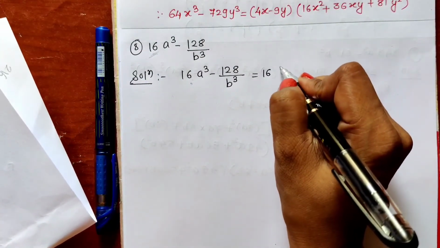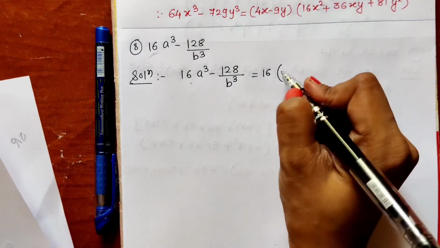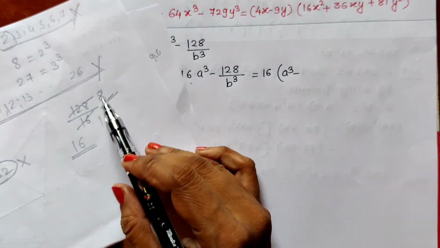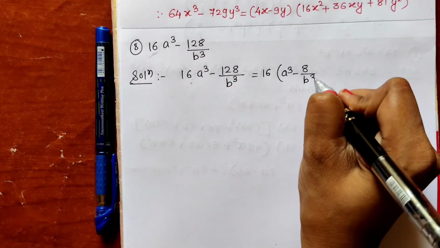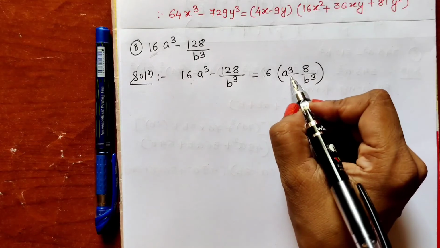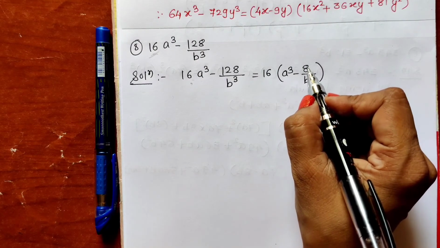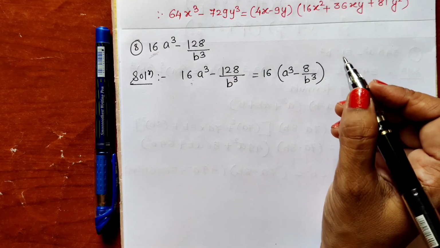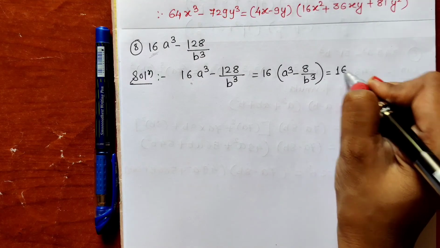Write the remaining terms. A cube minus, as 128 divided by 16 is 8, we get 8 upon b cube as it is. Now we have to convert this binomial, a cube minus 8 upon b cube, into the format of a cube minus b cube. This 16 is taken out common, so we write it as it is.